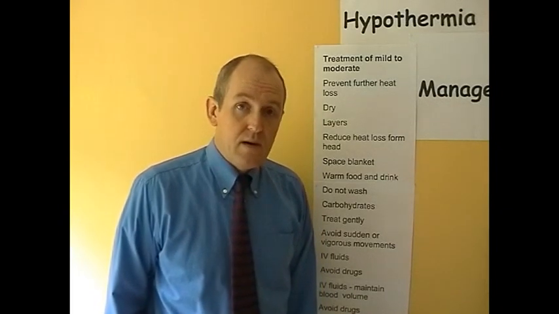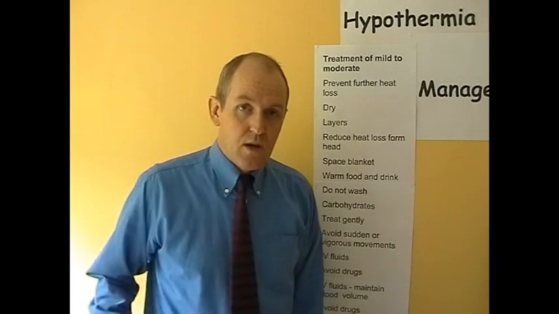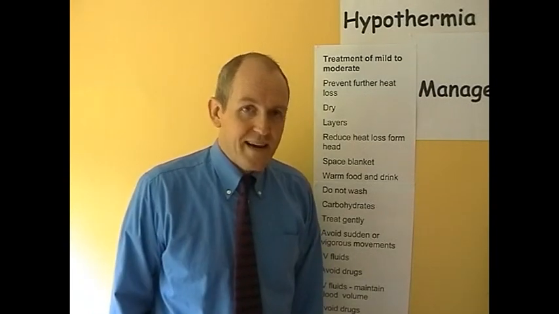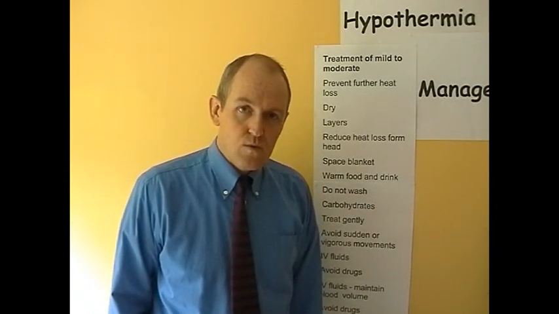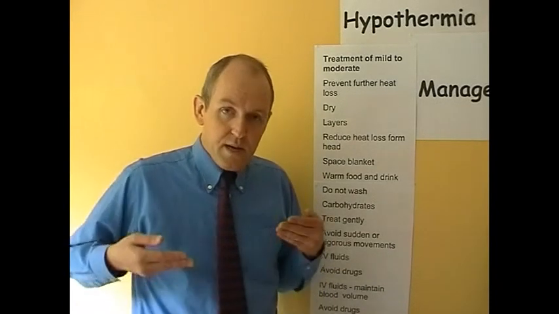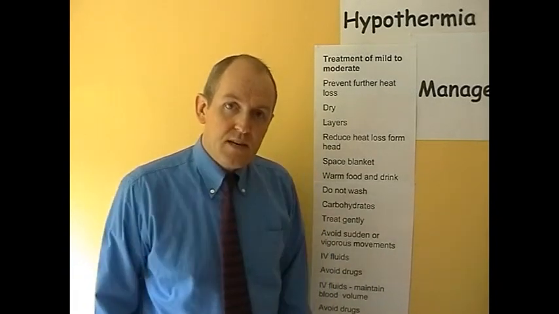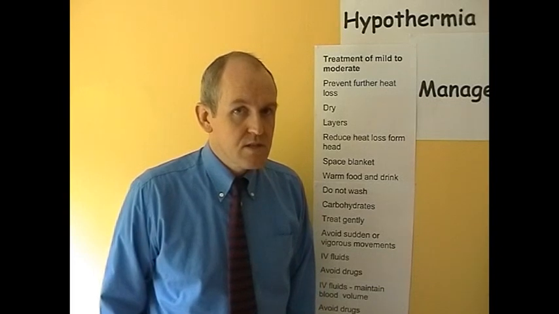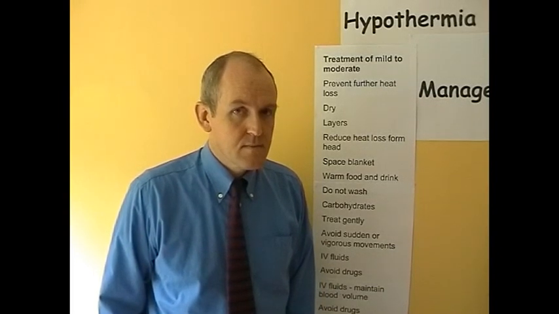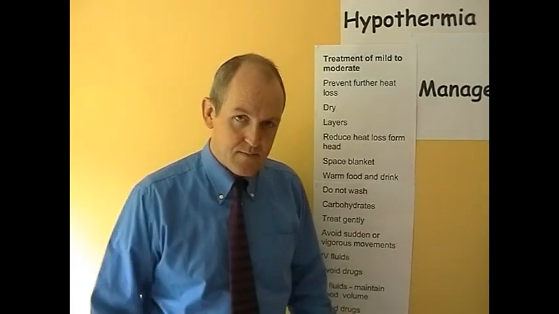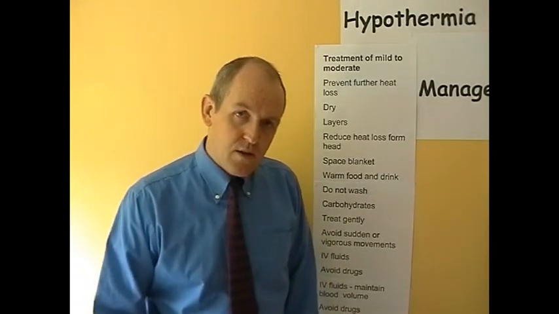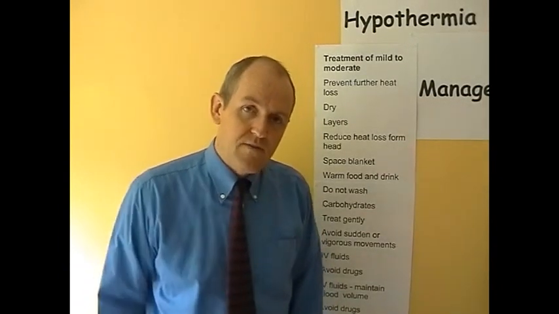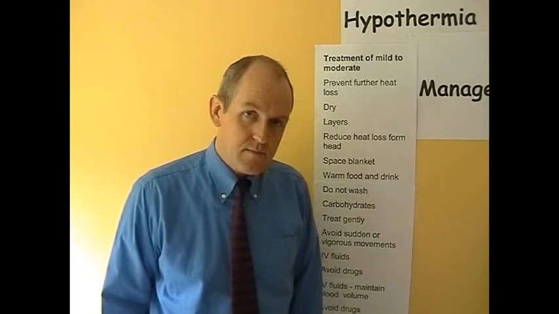Well, in hypothermia, if the blood volume was low and the heart was working inefficiently anyway because it was cold, and you put someone in an up and down position, then that's going to reduce the venous return to the heart because the blood will be pooling in the legs. And the amount of blood going back to the heart in the vena cava will be less.